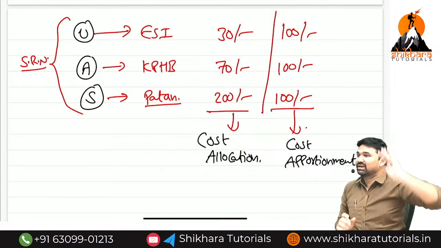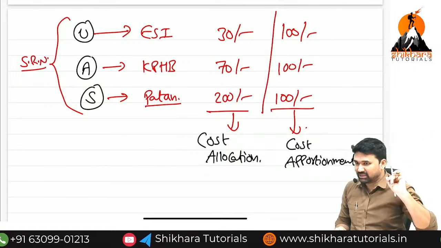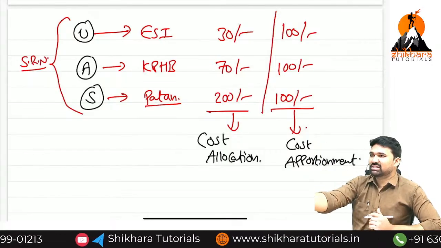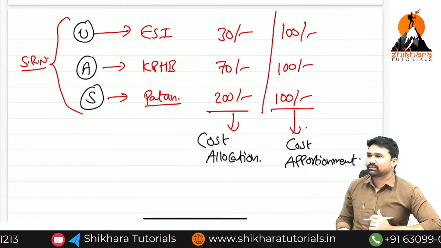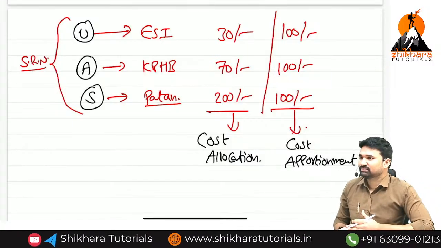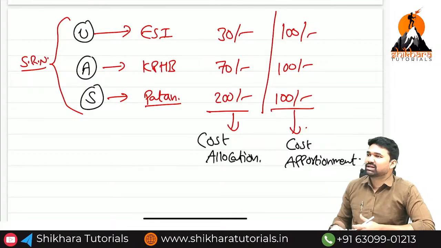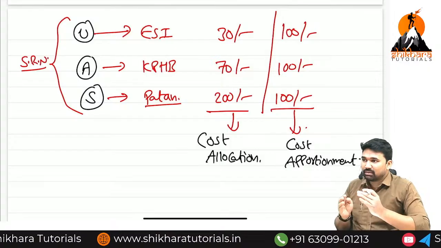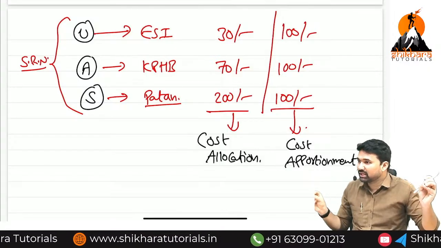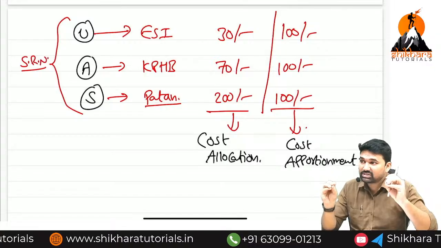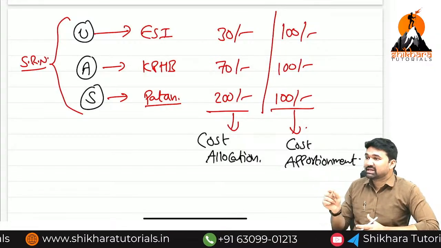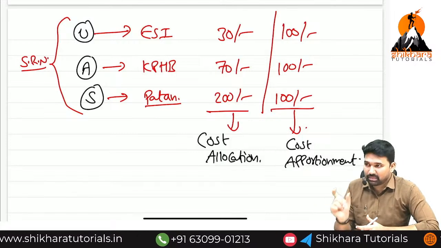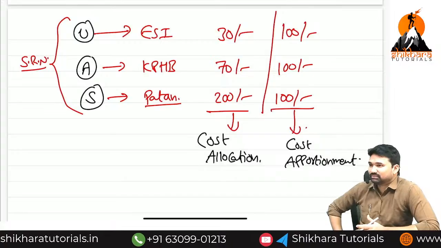At company level, listen carefully, your father is the ultimate company and you are a branch. Say you are the marketing department and your brother is the production department. If you have a sister, she is the HR department. Likewise in a company, many departments will be there. Every department is a cost center, and each cost center demands different costs.